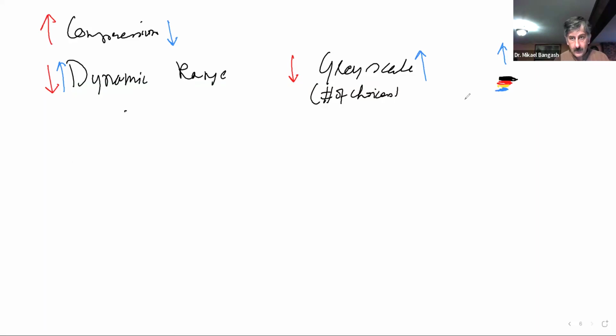Now we go on to the lighter, but still dark, and we just use all our available choices here. And then at the other end, we had white. Did that make sense?